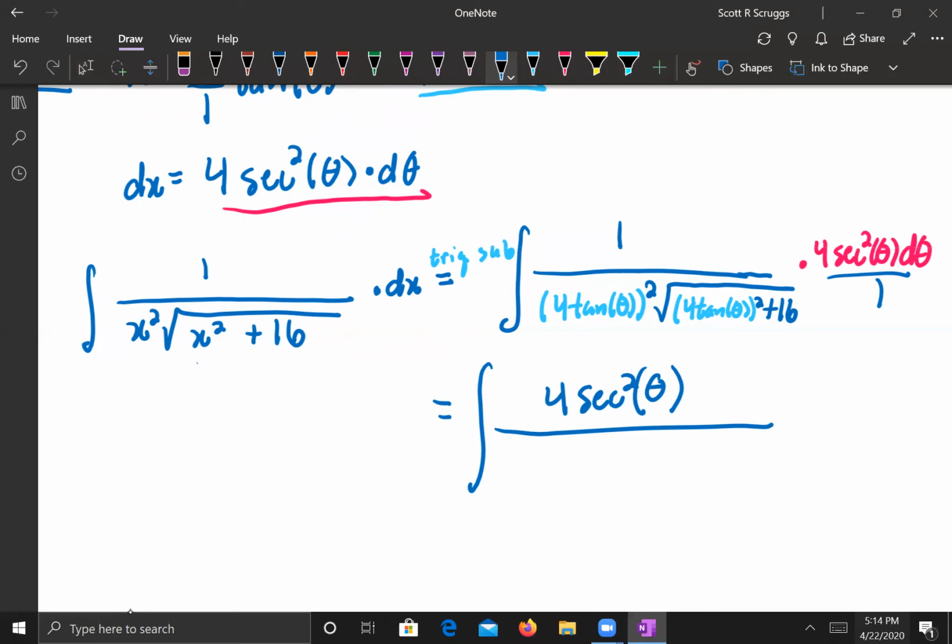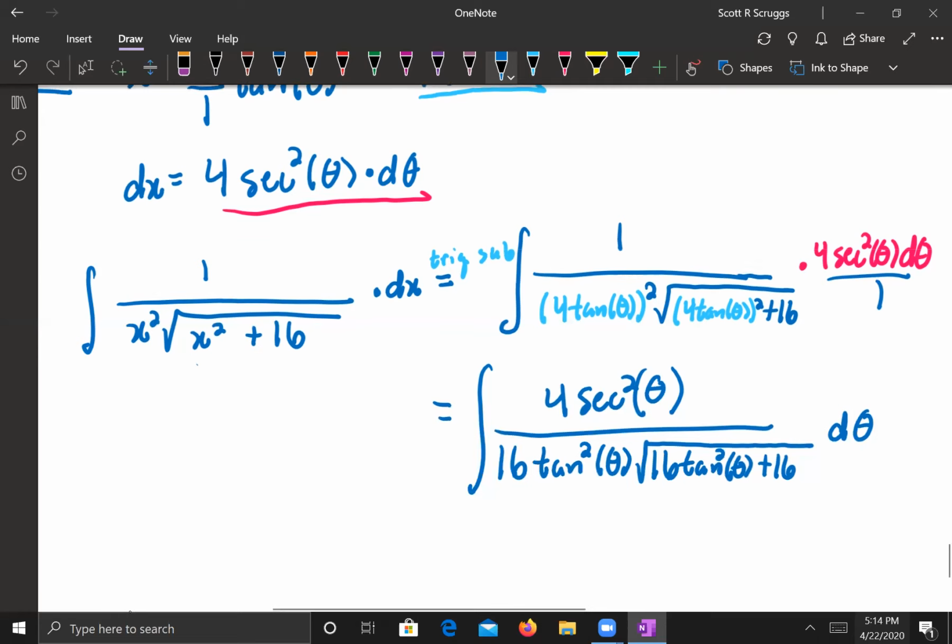So I'm going to square the 4, and I'm going to square the tangent, which means I'll have 16 times tangent squared of theta, times the square root. I'm going to square that as well. You give me 16 times tangent squared of theta plus 16 d theta. So there's what it looks like after I try to simplify that.